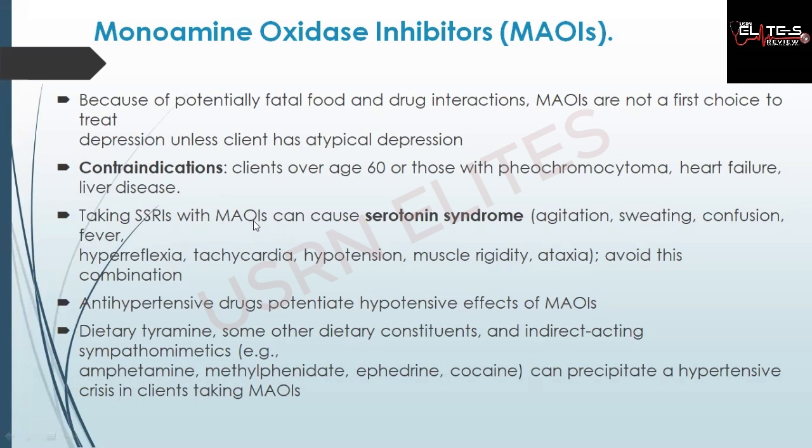Because of these things, you have to avoid monoamine oxidase inhibitors with selective serotonin reuptake inhibitors. This is a necklace point: do not take them together. On the exam, they will not say MAOIs and SSRIs.